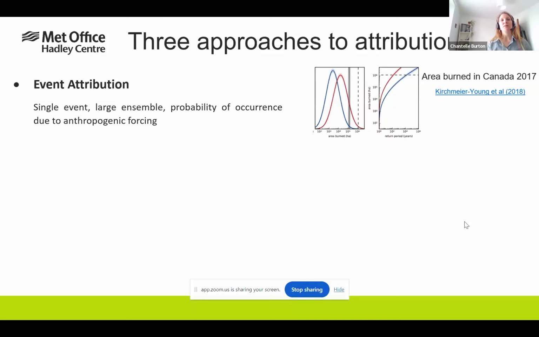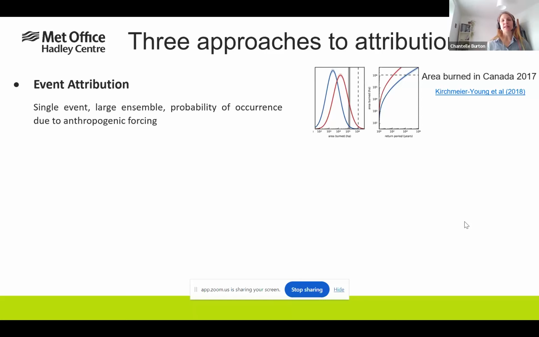So you may be familiar with event attribution. This is often an approach where a single extreme weather event is being looked at. For example, a heat wave has been looked at quite regularly in the literature. Here, often you're considering a single event, you're using one climate model, but a large ensemble of that climate model.